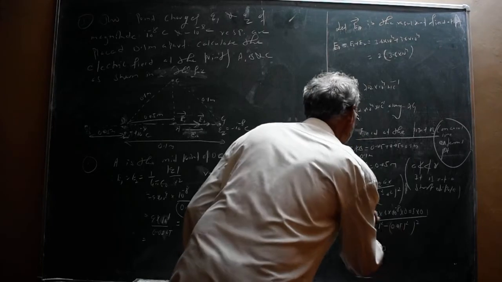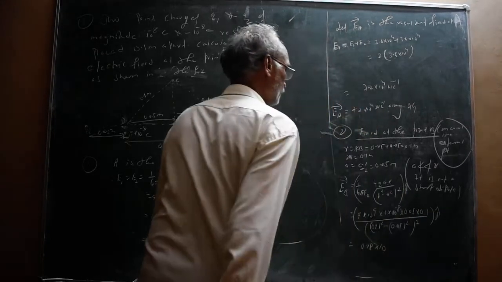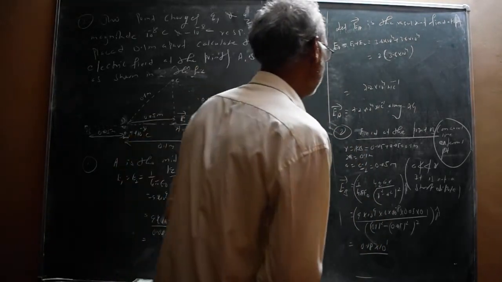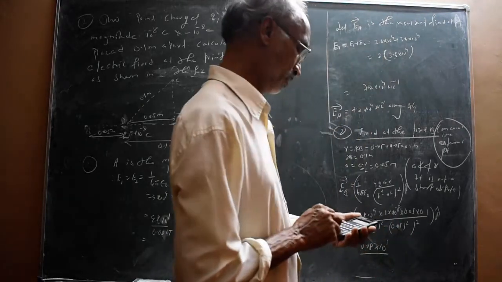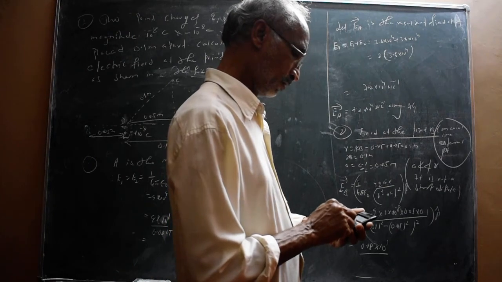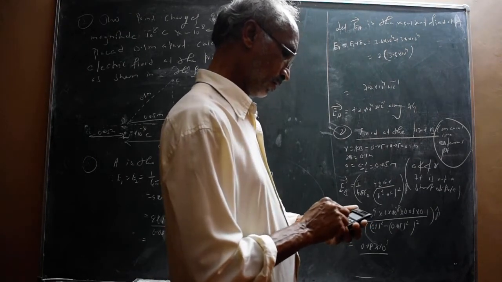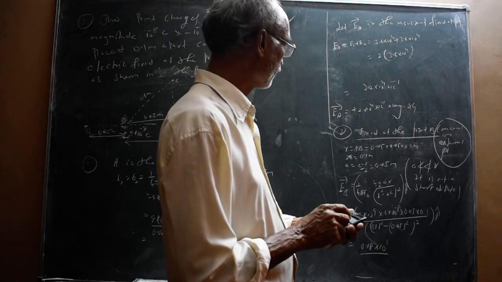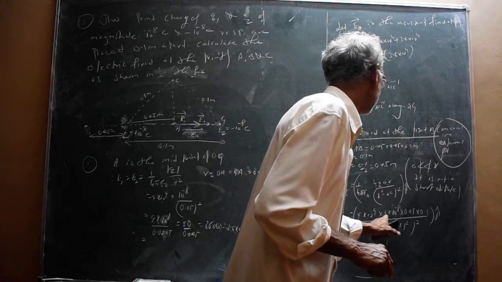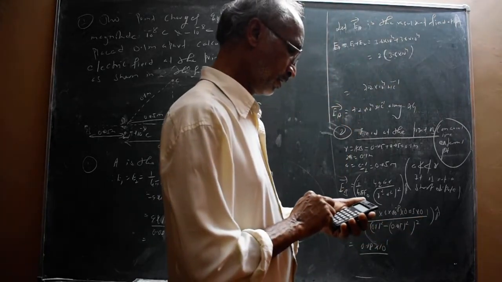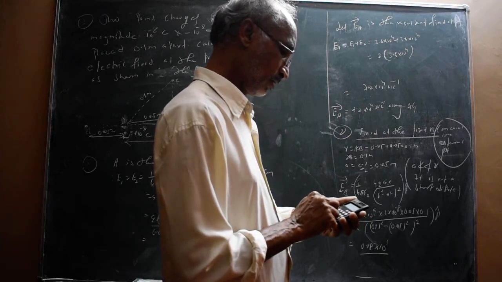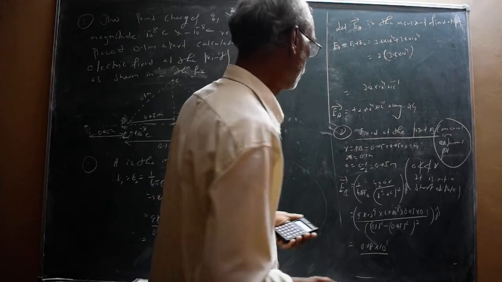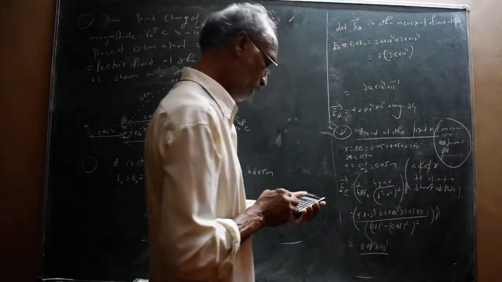Direction is P cap. 9 into 4 is 36, 36 into 0.1 is 3.6. 3.6 into 0.05 equals 0.18, correct?